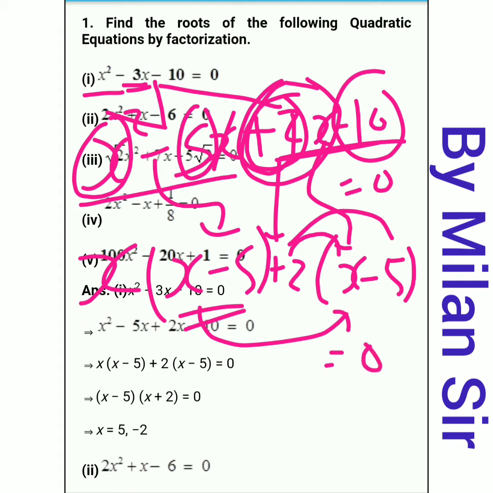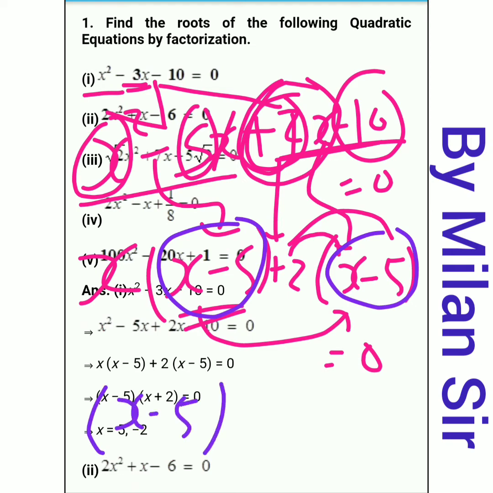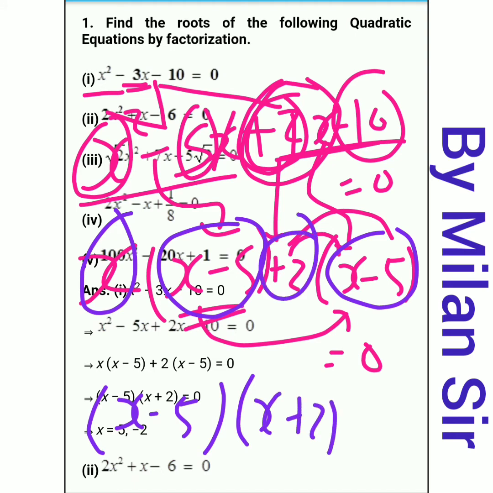Now we can take x minus 5 as common, because this bracket is present in both terms. So what remains is x and plus 2, equal to 0.